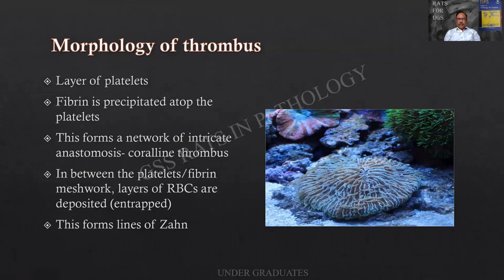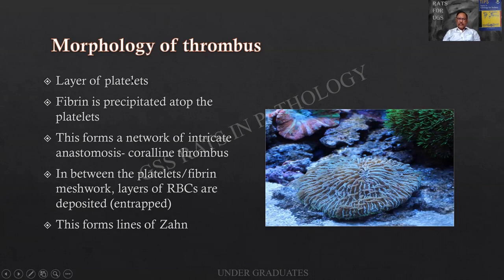What is the morphology of a thrombus, particularly a mural thrombus? We find that there will be layers of platelets and the fibrin is precipitated atop the platelets. This forms a very intricate anastomosis and is called the coralline thrombus.